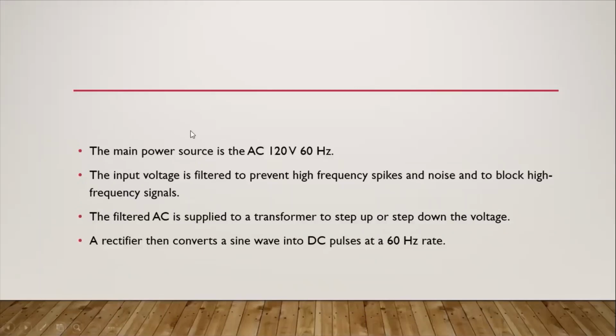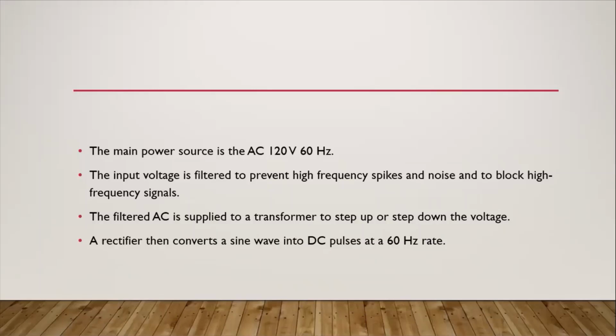The main power source of a power supply is the AC 120 volts, 60 Hz. Usually, yung main power source nito ay nanggagaling sa AC 120 volts, 60 Hz. Constant na yan sa mga ginagamit nating saksakan or socket. Then the input voltage is also filtered to prevent high frequency spikes and noise and to block high frequency signals.